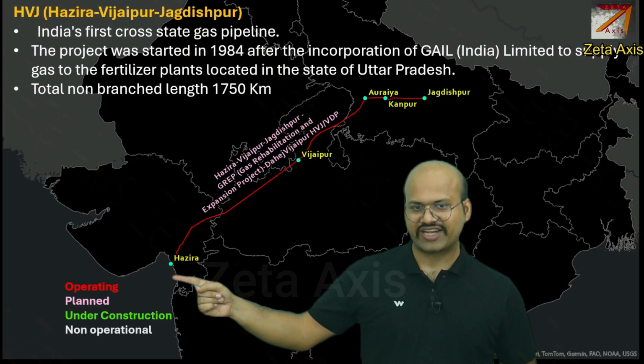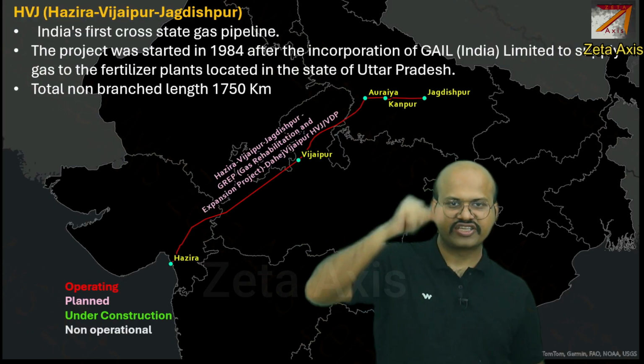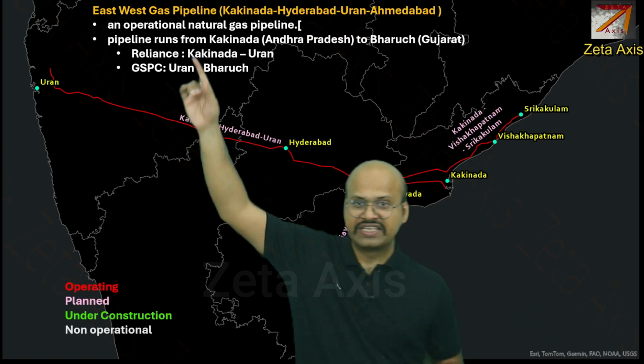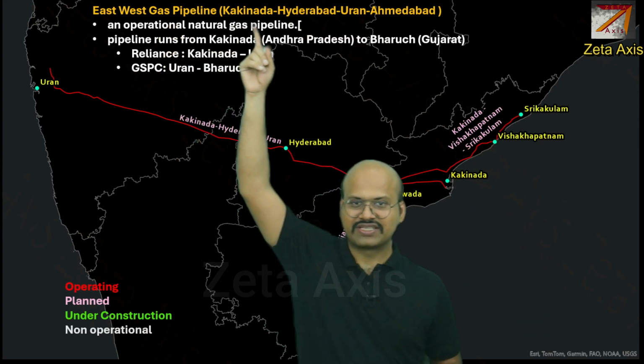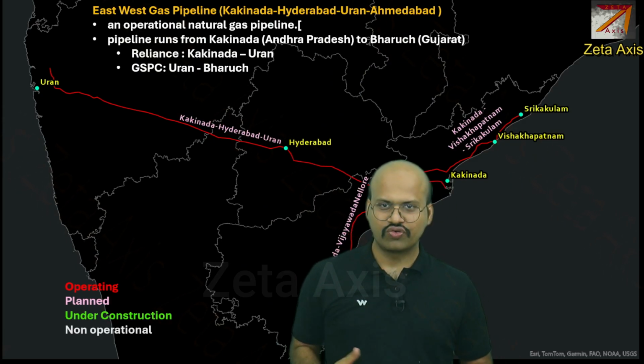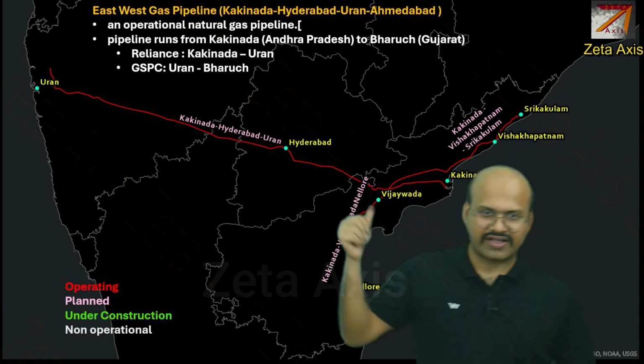It starts from Hazira, right in our Surat. It goes to Vijaypur, Auraiya, Kanpur and Jagdishpur. Then another most important gas pipeline is the East-West gas pipeline, which is basically Kakinada, Hyderabad, Uran and Ahmedabad. Now there are basically two phases. One is operated by Reliance, which goes from Kakinada. Kakinada is over here.